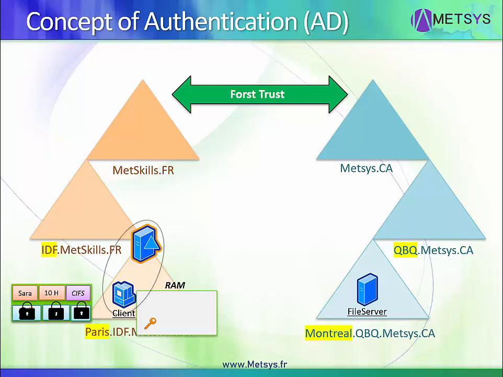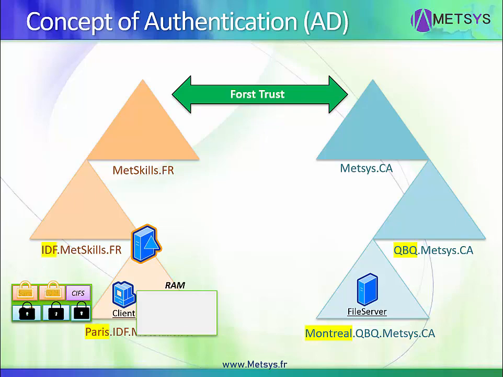Using this key, which was already issued by the KDC, this is called the session key, and this session key will encrypt the whole information and communication between the client and the DC, between these two. So this session key will be used in order to encrypt the upper part of the packet. So that part will be encrypted.